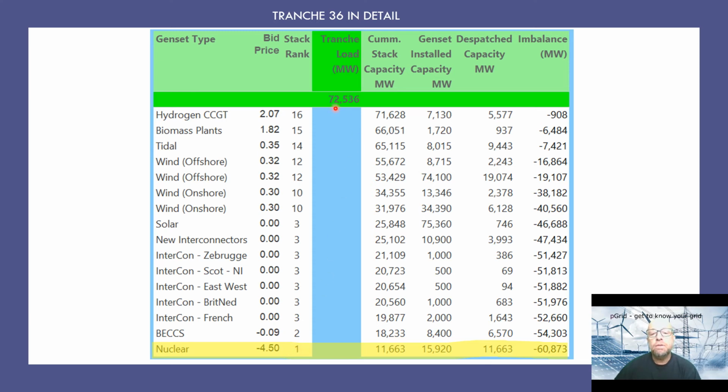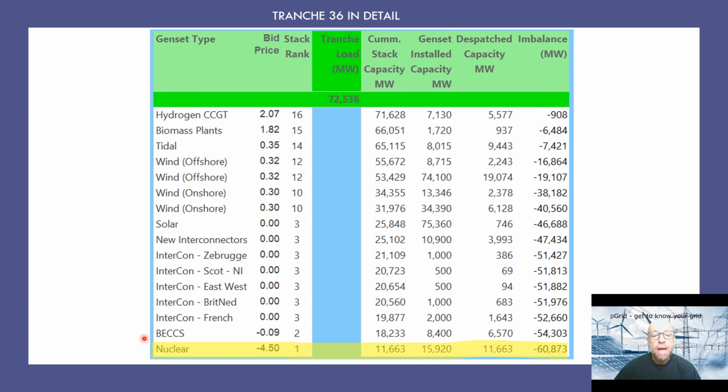We needed 72 gigawatts. The nuclear power station has 15 or 16 gigawatts, but only 11.6 gigawatts are available to this tranche because of availability. So we put the nuclear power station in, and our cumulative stack capacity goes to 11 gigawatts, and the imbalance goes down by 11 gigawatts.